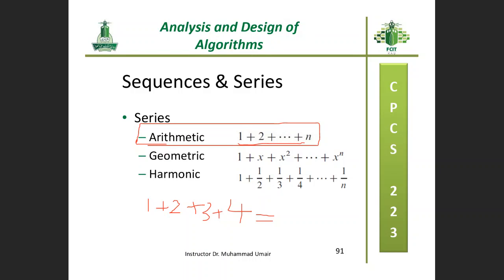If I want to represent this series with summation, which is another question I was not asking, how can you write it? It is written as summation of i, with i initialized to 1 up till n. I think you are familiar with this notation, isn't it?